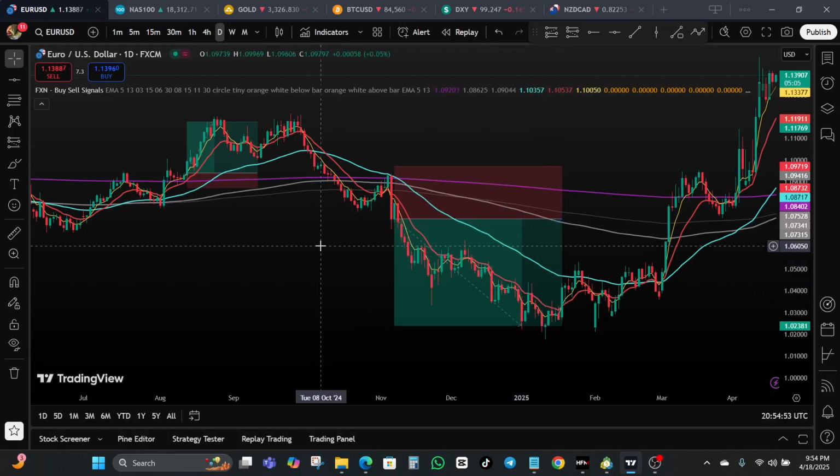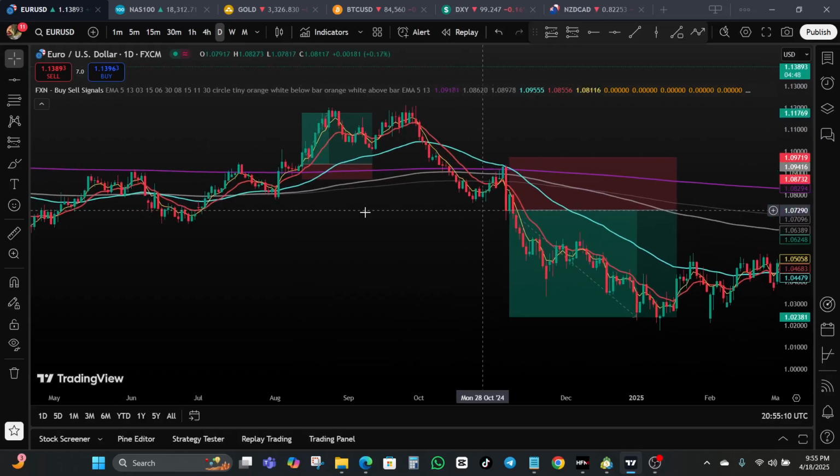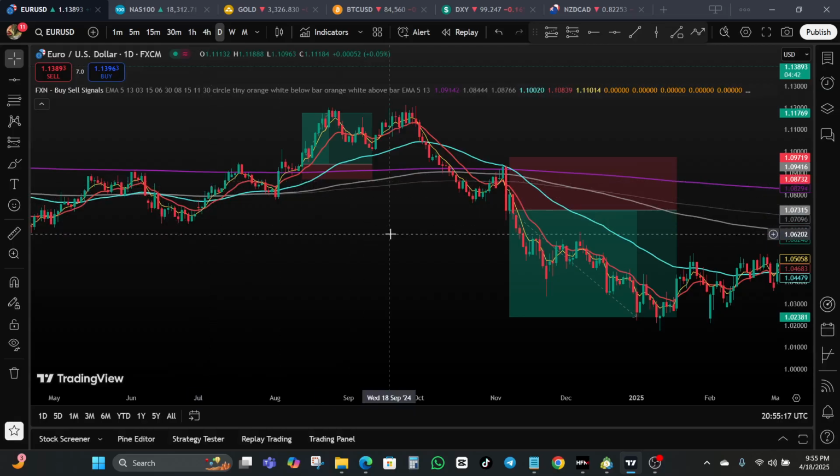But when you want to enter a trade, for a sell, the yellow should cross below the red, and the yellow and red should cross below the blue. In the case of a buy, the yellow should cross above the red, and the yellow and red should cross above the blue. It's very straightforward.